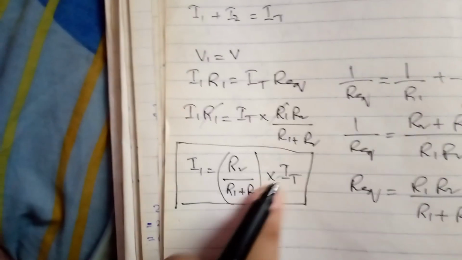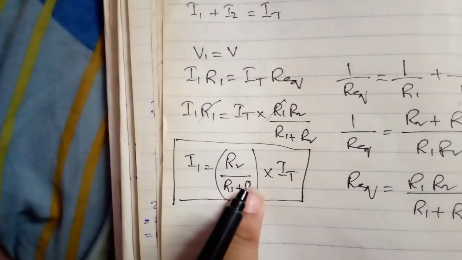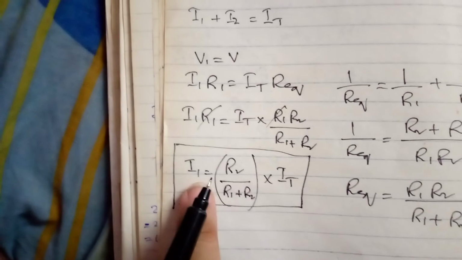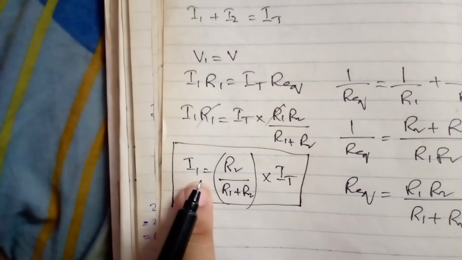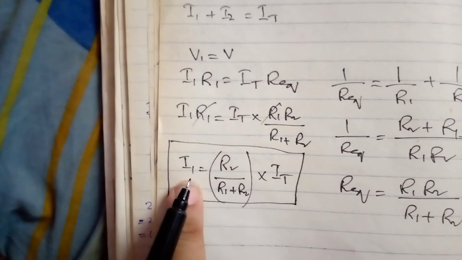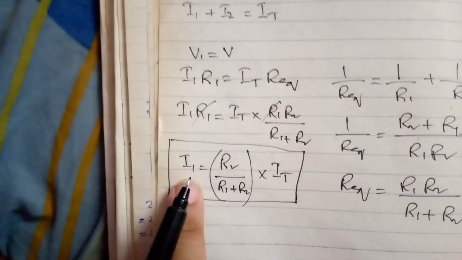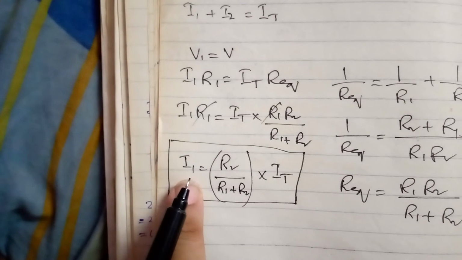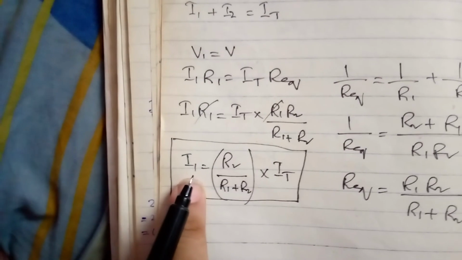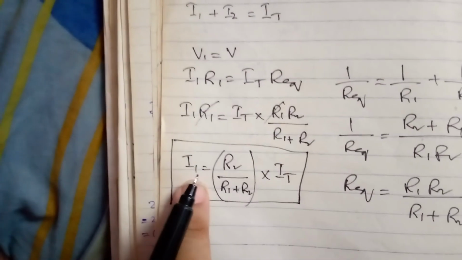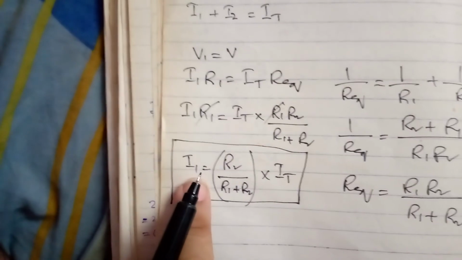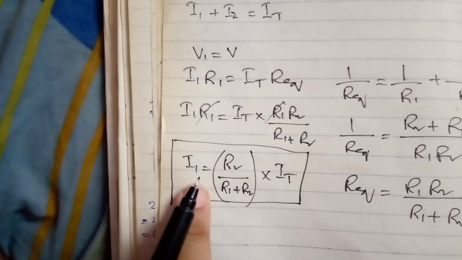Now, what is the conclusion of this formula? Listen carefully. The conclusion is when in current divider rule, two resistances are connected in parallel and an independent current source is also connected in parallel with these two resistances, we have to find the current flowing through each resistance.